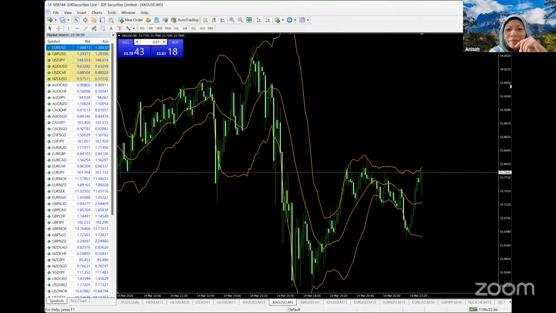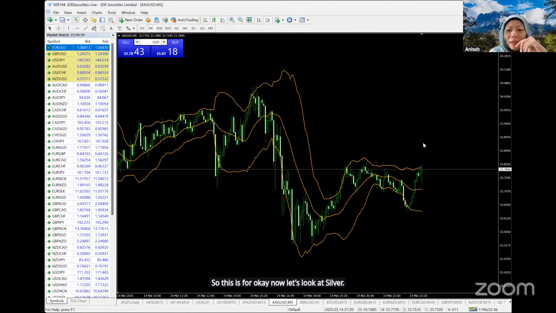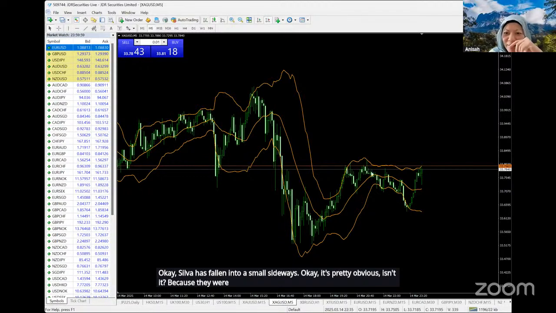silver. Silver has fallen into a small sideway. It's pretty obvious, isn't it? Because they were unable to make a new high and it keeps testing this level, 33.7963.